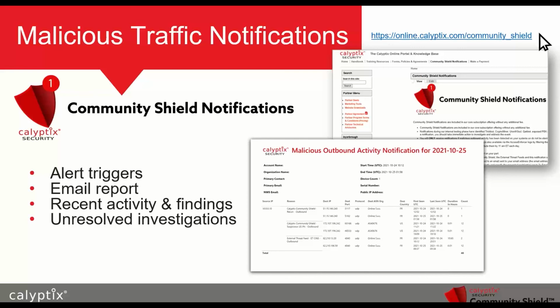There are a couple of pieces to these reports. One is the internal source IP, the threat feed that's triggering and why it matters, where it's going, the destination IP, destination port, protocol, who the infrastructure provider is, the ASN organization, what country it's going to, when we first saw it, last saw it, the duration in hours and the number of times.